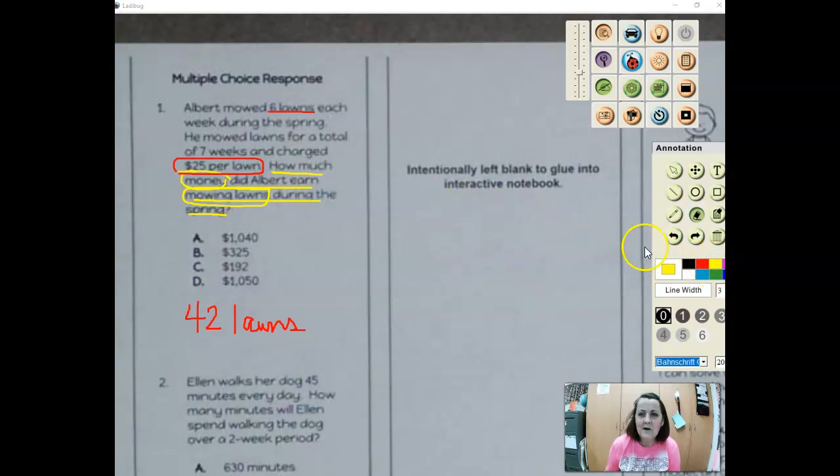All right, our equation is going to be 42 lawns times $25. That's your equation. Now we have to choose a way to multiply this.